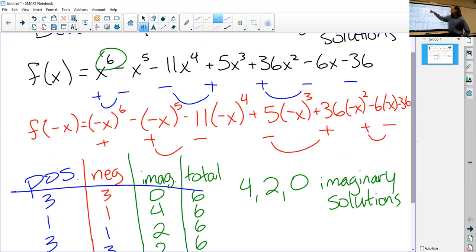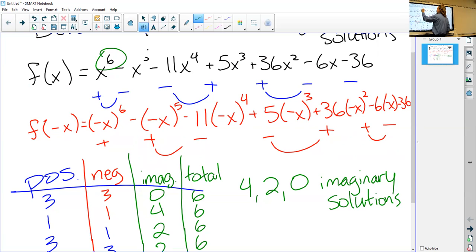Like this one goes 6, 5, 4, 3, 2, 1, 0. And so we get a nice clean answer here. But if we took out some of these middle terms, we wouldn't necessarily end up with 4, 2, and 0. It could change everything. So just be careful if they skip over some powers in the middle.